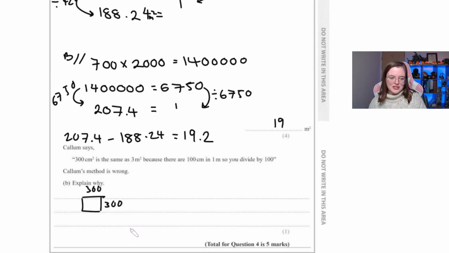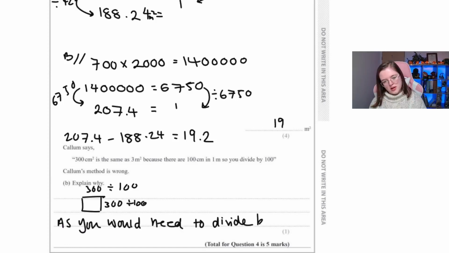However, if we then want to make that into meters squared, what we need to do is not only divide this side by 100, but also this side by 100. So you'd have to divide by 100 twice, or 100 squared. So Callum is wrong, as you would need to divide by 100 squared instead. And there we are. And that would be 5 marks for question 4.